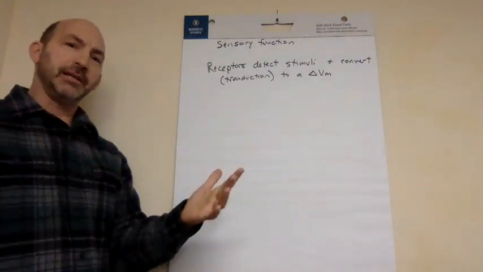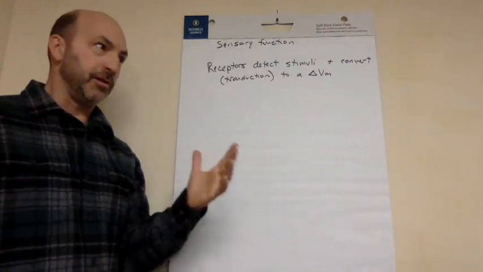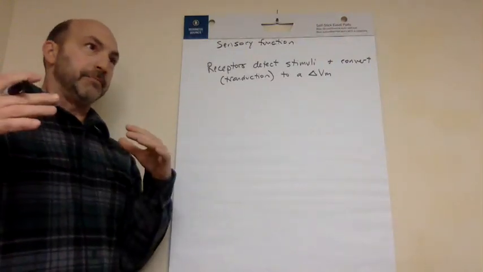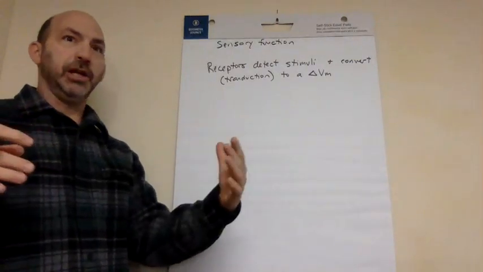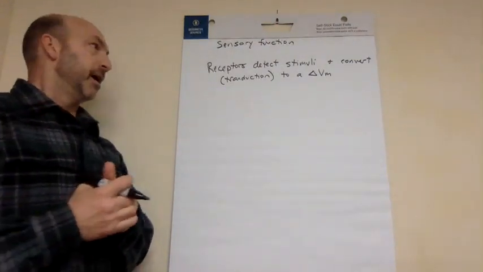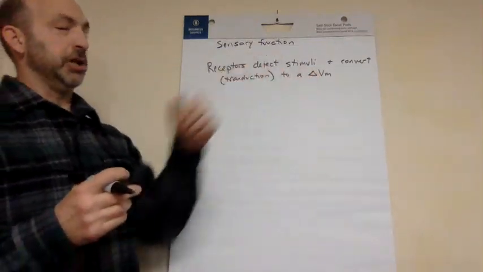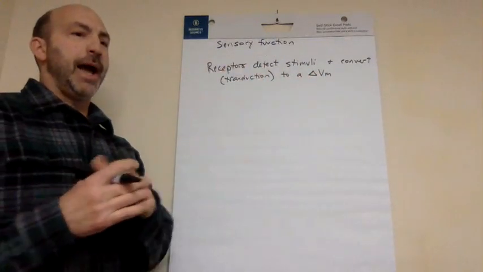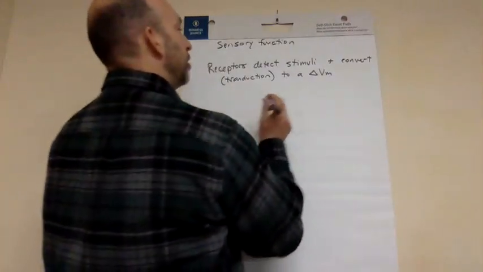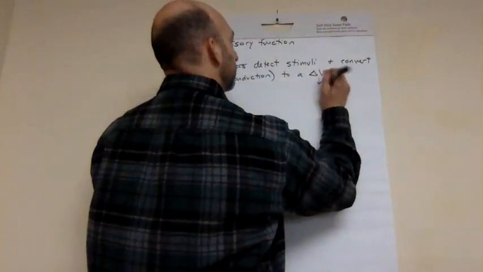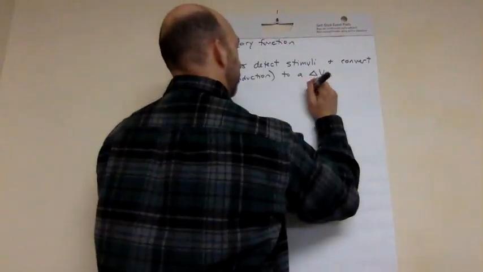Guess what? The processing also revolves around connections between neurons that are having changes in membrane potential, right? And so, how do we get this change in membrane potential? How are we transducing it? And by the way, that change in membrane potential is called the receptor potential.